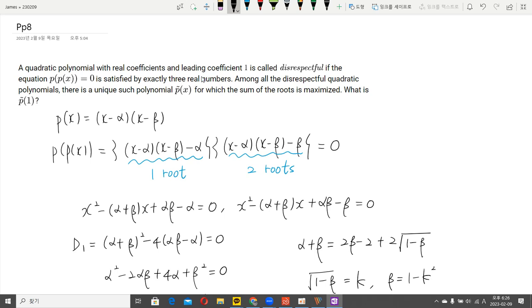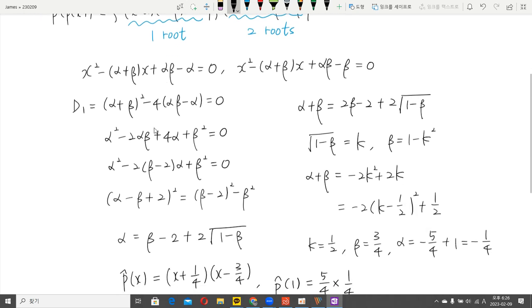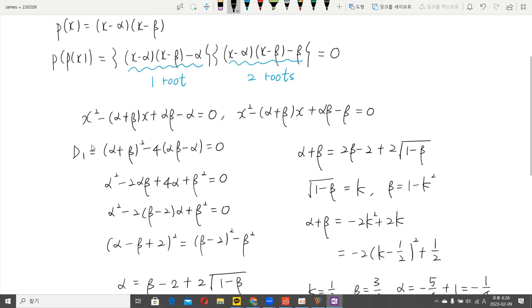So three solutions means one parenthesis has one root, and the second parenthesis will have two roots. Having one root means the double root, which means the perfect square. To have a perfect square, the discriminant is 0.